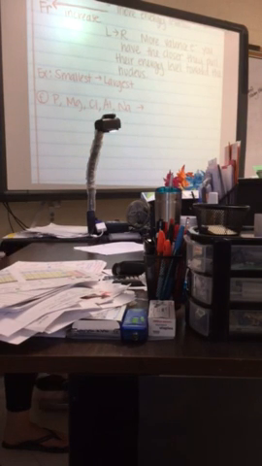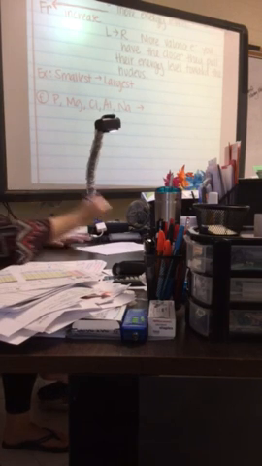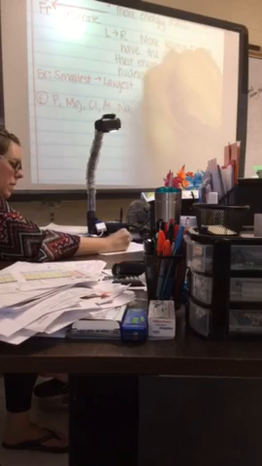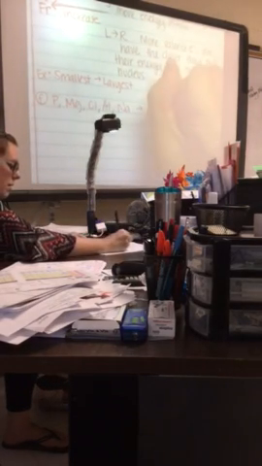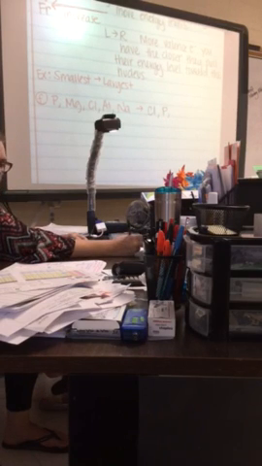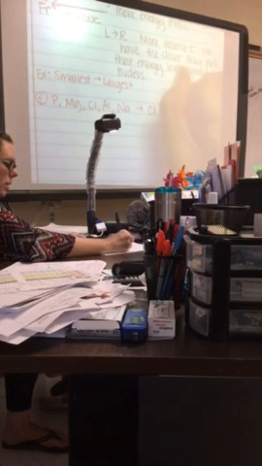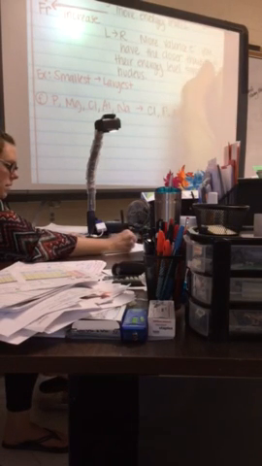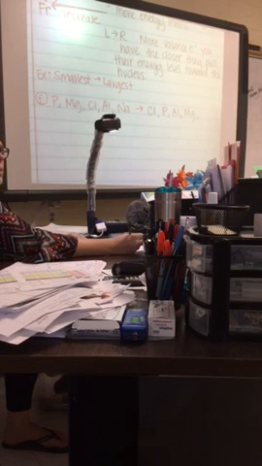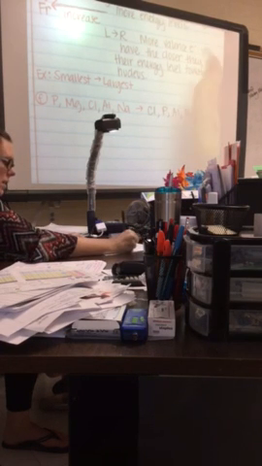So who would be the smallest? Cl. All right, who would be next? P. All right, then would come aluminum. Next would be Mg. And finally would be Na.